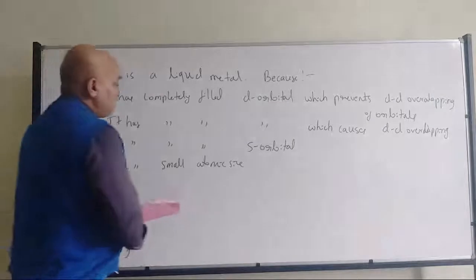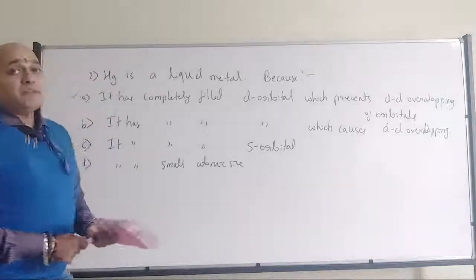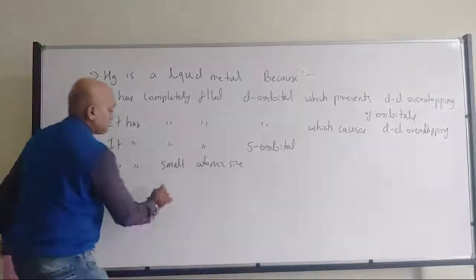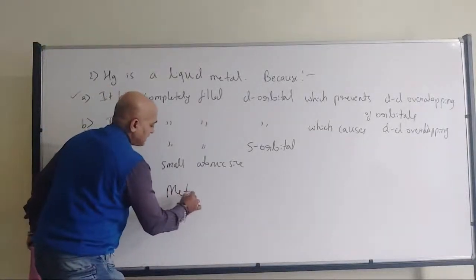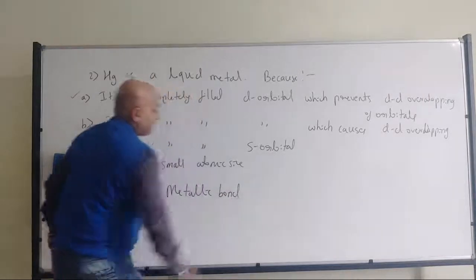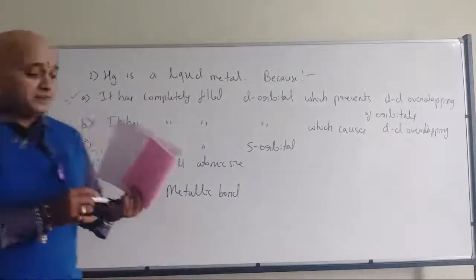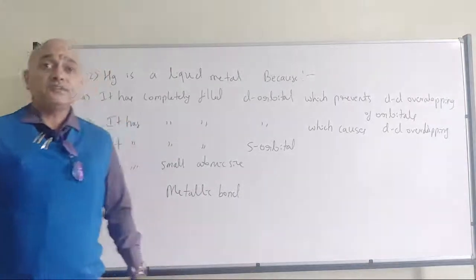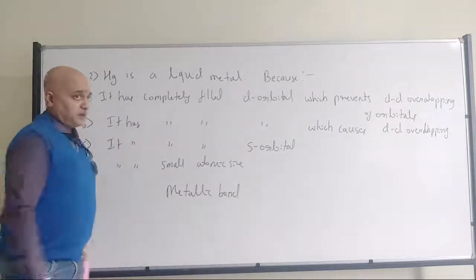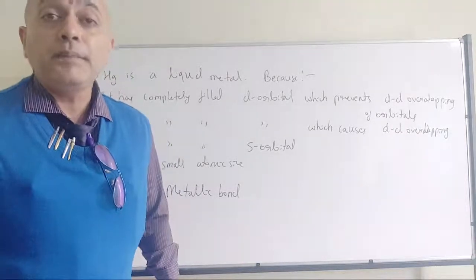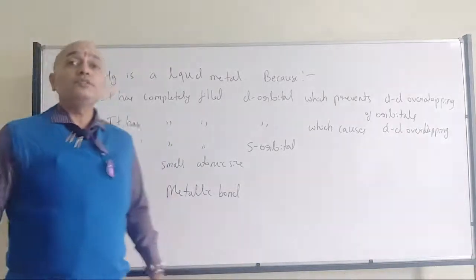Now, all of us know that metals have that particular metallic character due to the presence of metallic bond, where there will be distribution of electrons which are freely available, or electrons which are loosely bound to the nucleus.